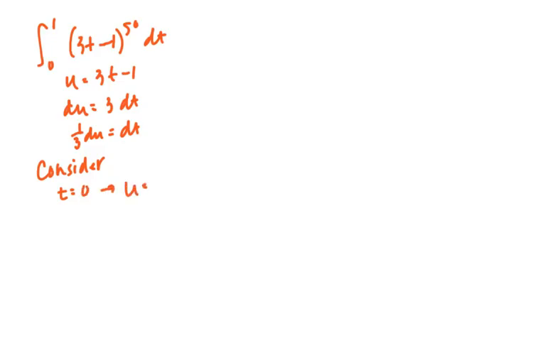Then we're going to put that in for u. So u equals 3 times 0 minus 1, which is negative 1. And when t equals 1, then u becomes 3 times 1 minus 1, and that's 2. So right here you change your bounds from negative 1 to 2, and we have u to the 50th.